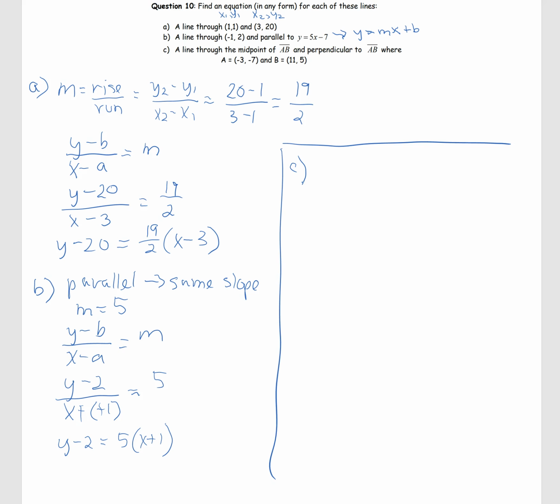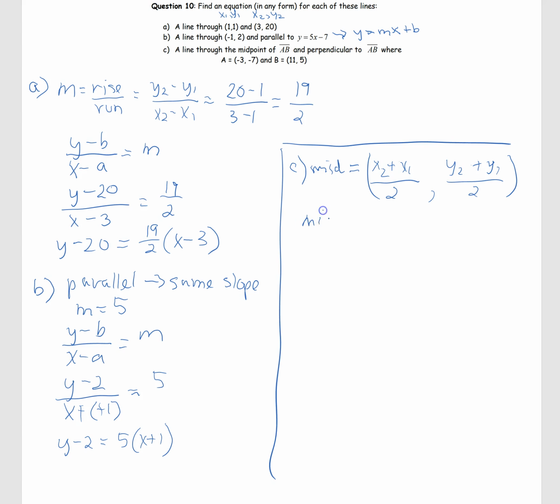And the equation for finding the midpoint of a line segment between 2 points is that you take the average of each of the x values and the y values. So that ends up being (x2 plus x1) over 2 for the x value, and (y2 plus y1) over 2 for the y value.